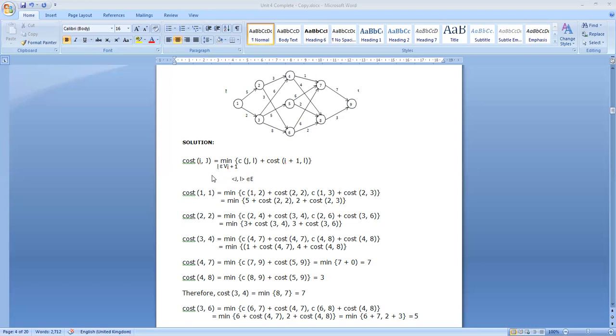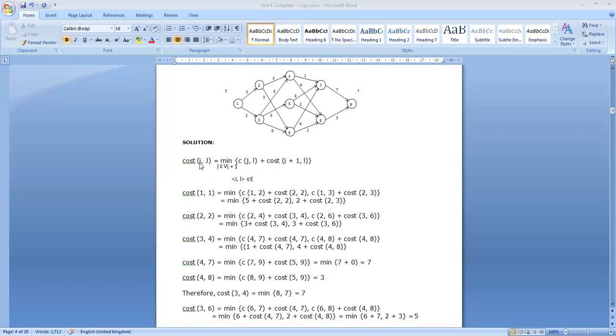Now the recurrence relation for solving this multi-stage graph problem is cost of (i, j) equals minimum over L belonging to V(i+1), with (j, L) belonging to E, of C(j, L) plus cost of (i+1, L).